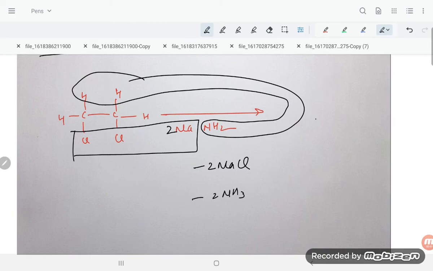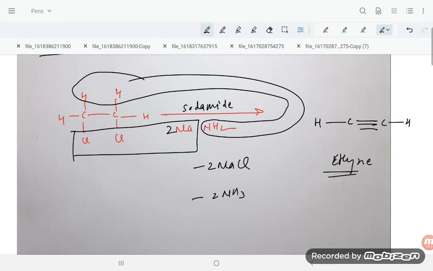So what is being left here? HC, here is H, so you have a triple bond. This is the alkyne, this is ethyne. So the first point is, if you treat a vicinal dihalide with sodamide, you are going to get alkynes.